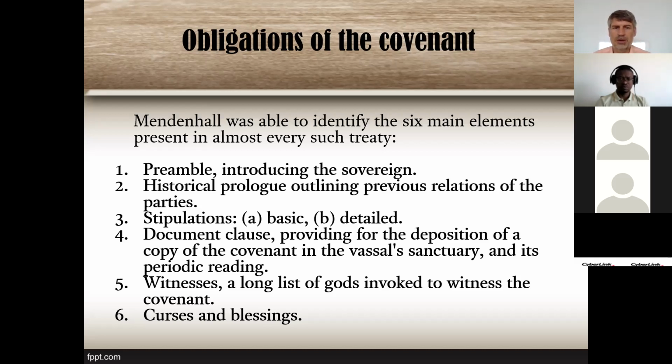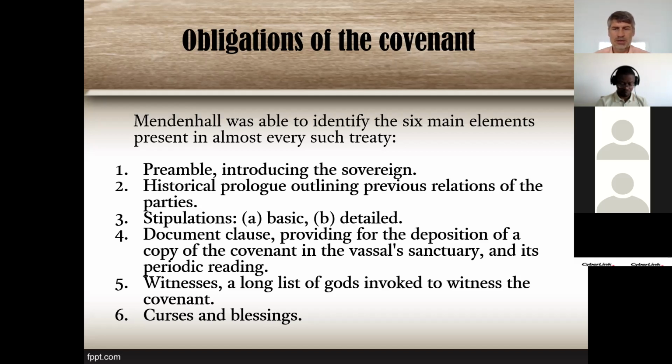Also, you can find the same pattern in the book of Joshua, chapter 24. This chapter is also done almost exactly according to the same pattern, and we can find almost all parts of the covenant in Joshua 24 and also in the book of Deuteronomy.